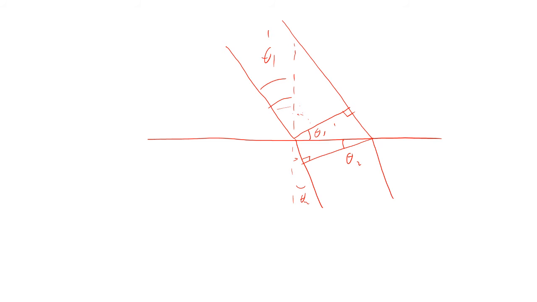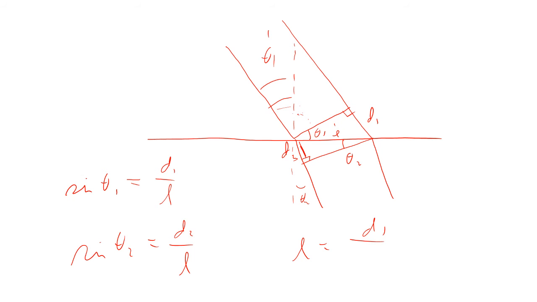Now if we call this distance d2, that distance d1, and this distance right there L, then sine theta 1 is equal to d1 over L. Likewise, sine theta 2 equals d2 over L. So we know that L equals d1 over sine theta 1, and it's also equal to d2 over sine theta 2.